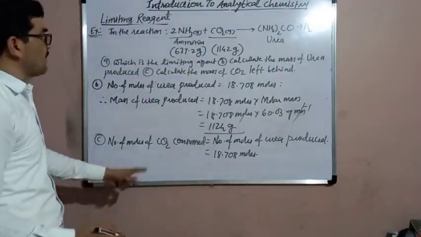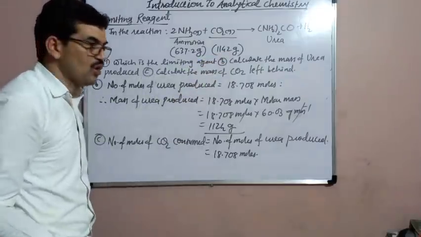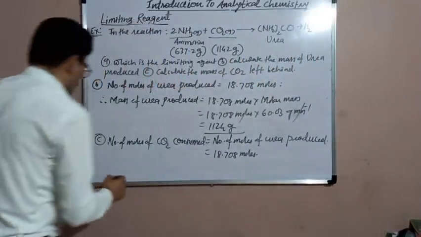And what are the initial number of moles of carbon dioxide? Number of moles of carbon dioxide taken are 25.954.